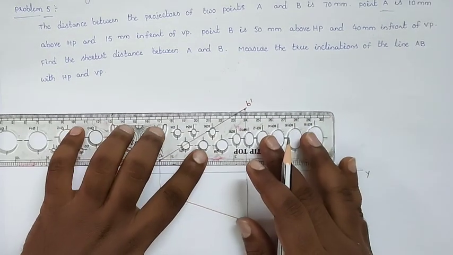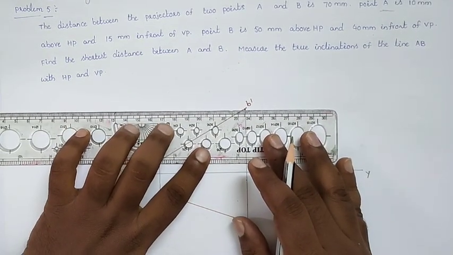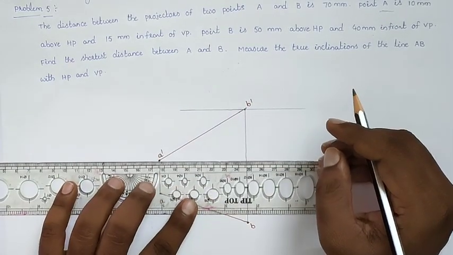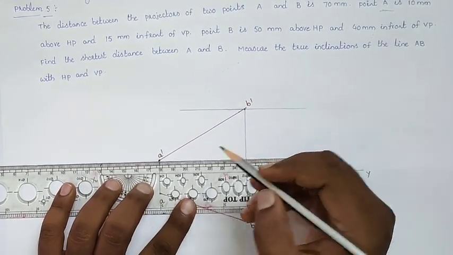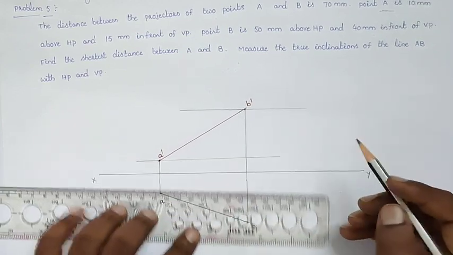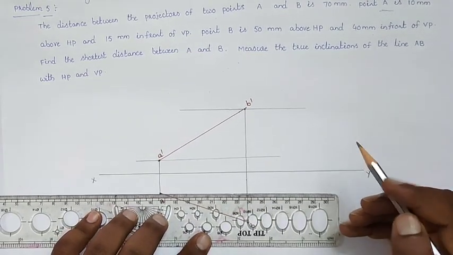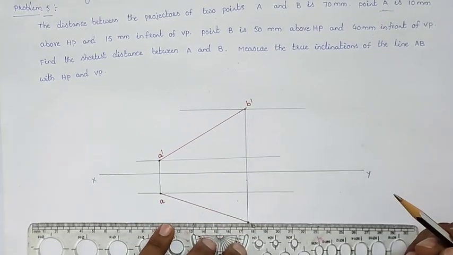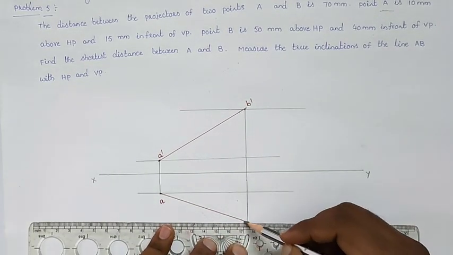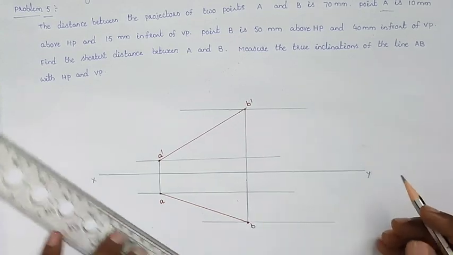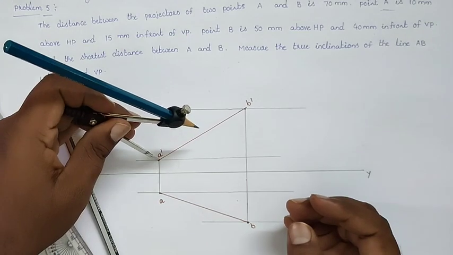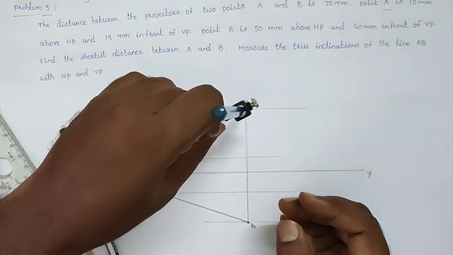Now from the points we will draw the horizontal projection lines, drawing horizontal lines from all the points.